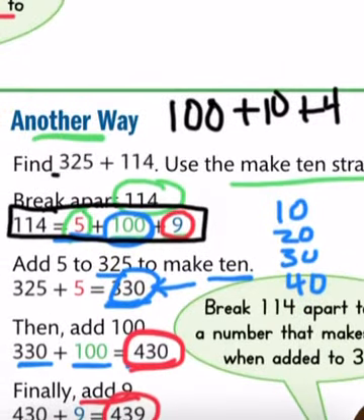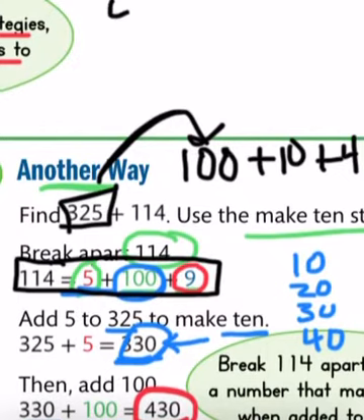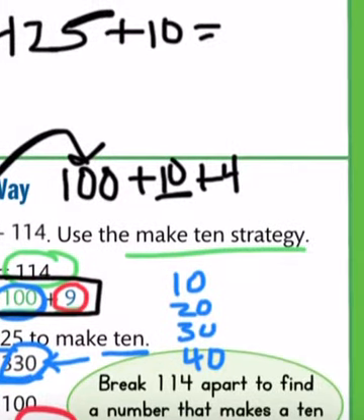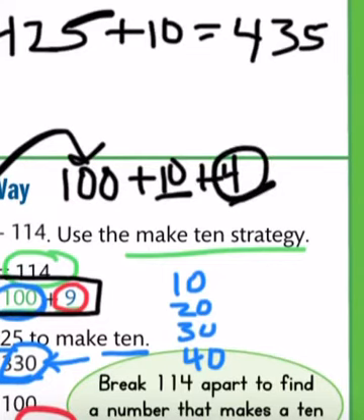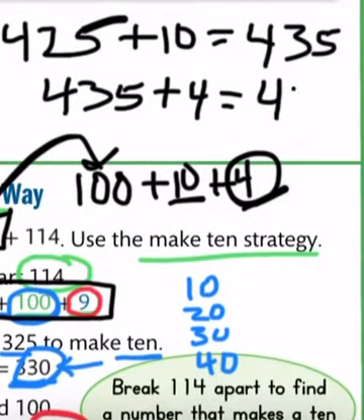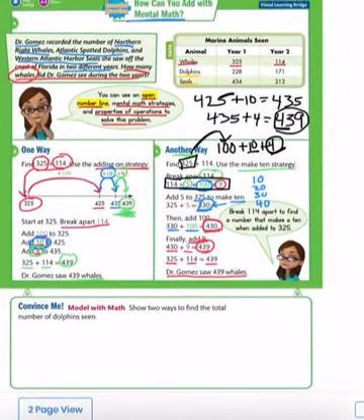I would have started with 325, added 100, that would get me to 425, then add 10, which would equal 435, and then finally add the 4, which would get me to 439. So it can be done in different ways as far as breaking up one of those numbers. It doesn't have to be the exact same way every single time.